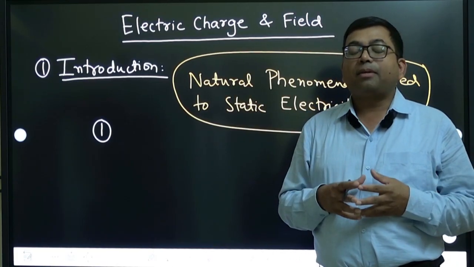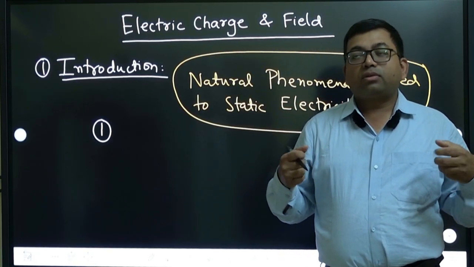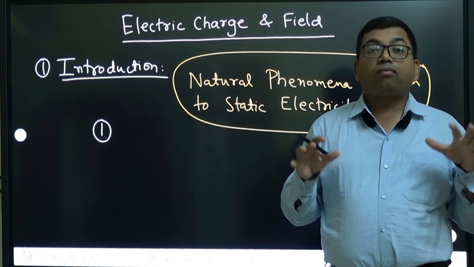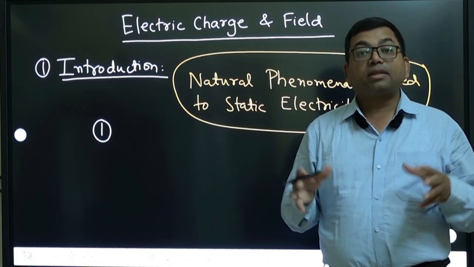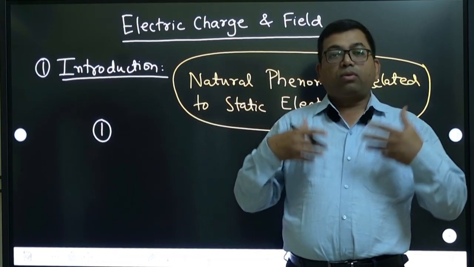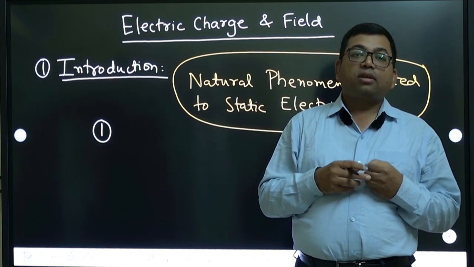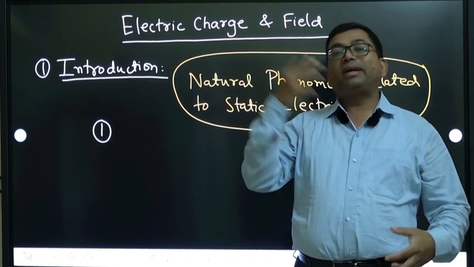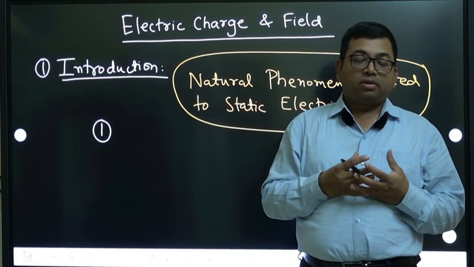And there are certain examples given. The first example is taking off your clothes, particularly woolen clothes or clothes made up of polyester. When you take them off your body, they get charged, because the clothes move against your body, so due to friction charging happens, right?